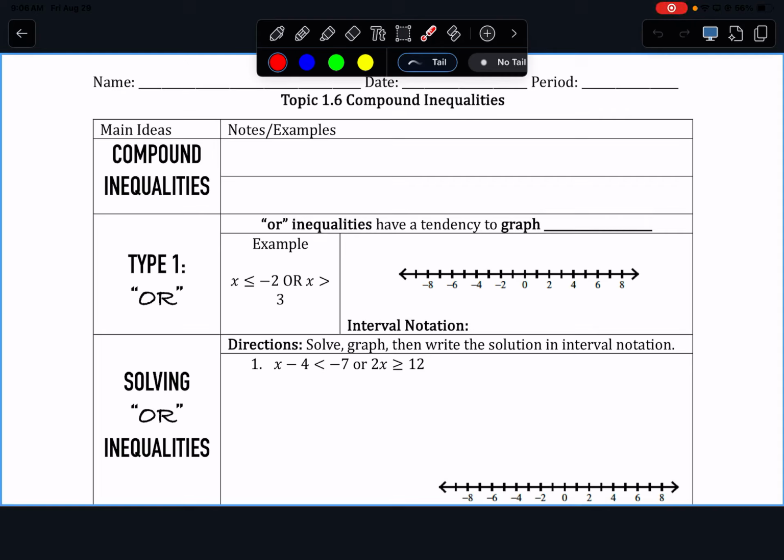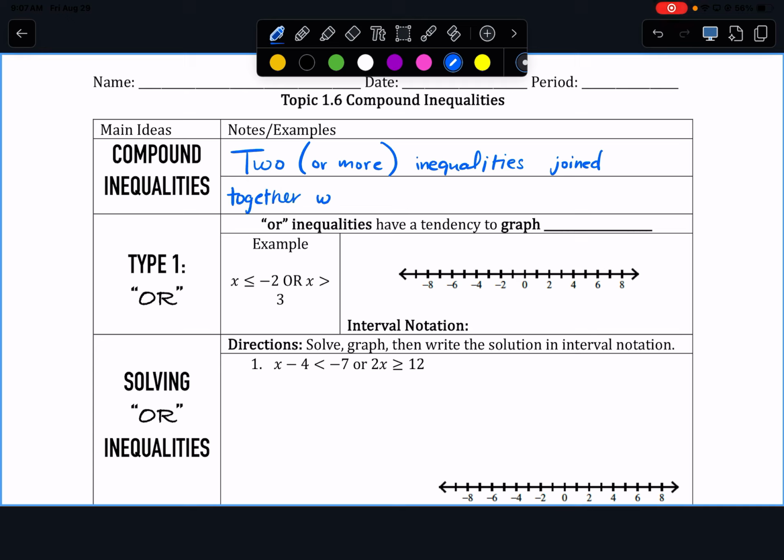Compound inequalities are two or more inequalities that are joined together by "and" or "or." So that's what we're going to put there at the top of that section. We're going to write two or more inequalities joined together with "and" or "or."